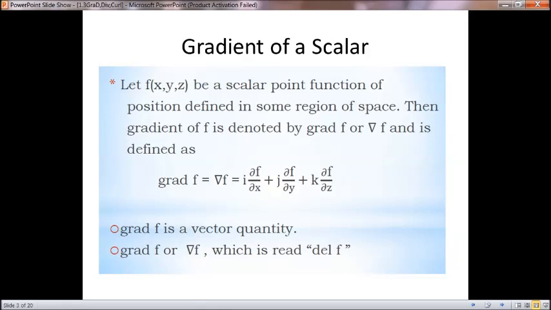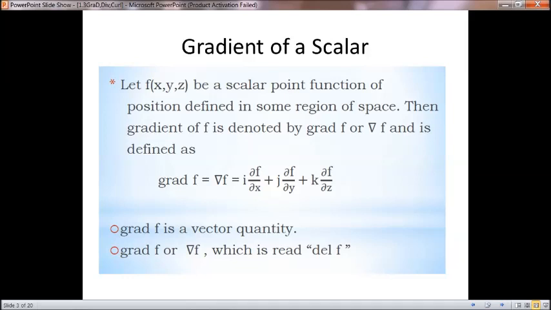Gradient. Okay. So first we will see the gradient of a scalar. Gradient is applied over a scalar component only. For that we have to consider one function f of x comma y comma z, a scalar point function of position defined in some region of space.